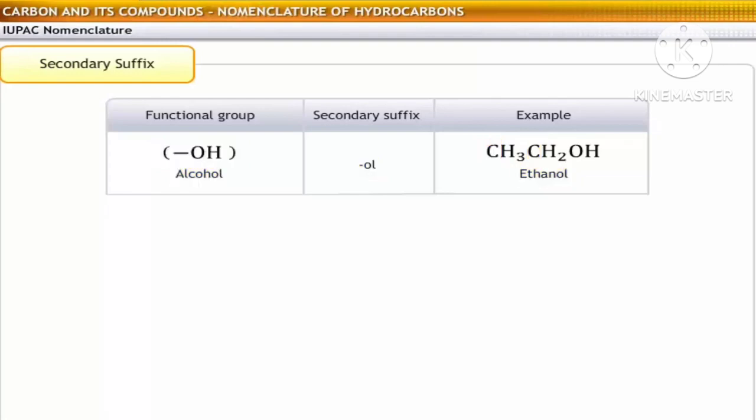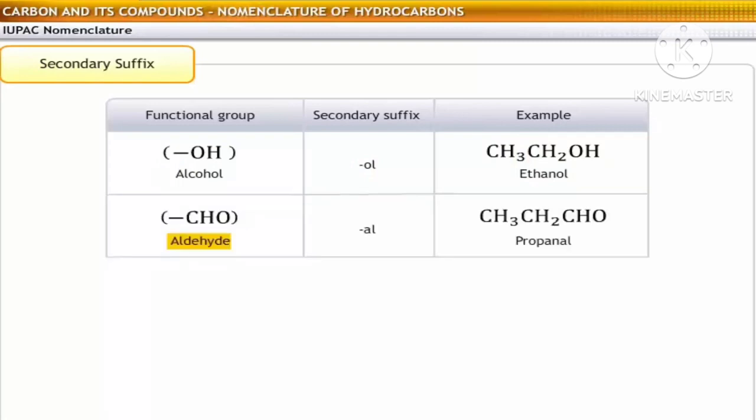Using the same set of rules, let's try to find out the IUPAC name of an aldehyde. Take the example of a molecule of aldehyde. It contains 3 carbon atoms, so the root word should be prop. There are no double bonds between the carbon atoms in an aldehyde molecule.